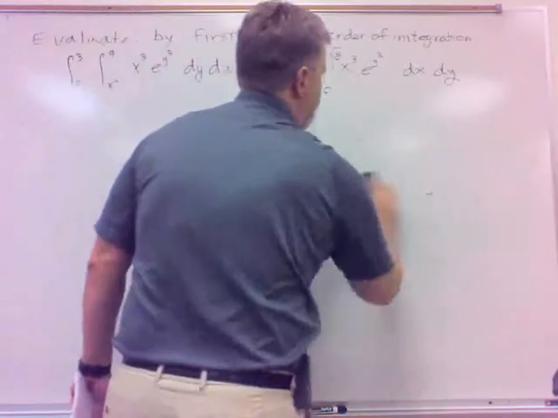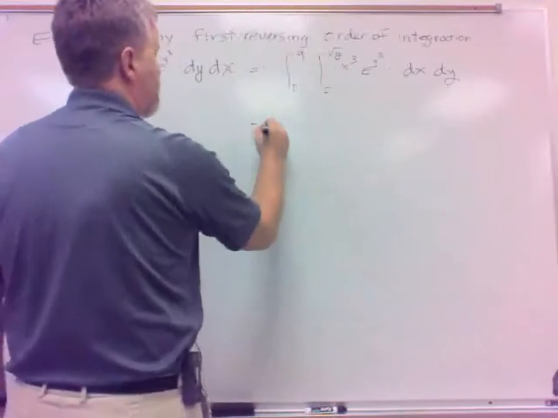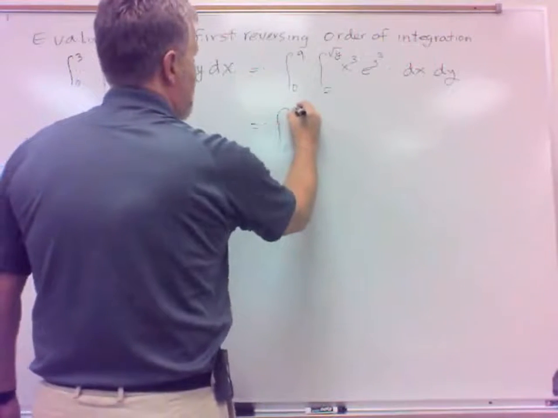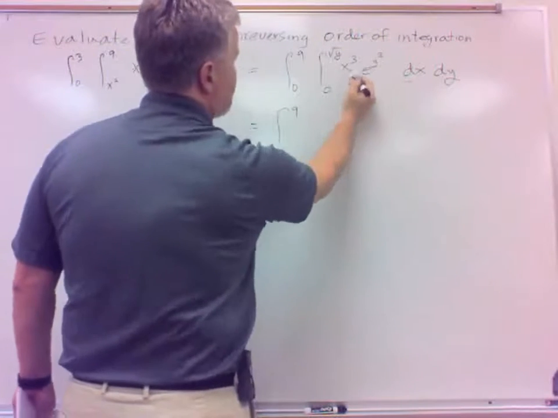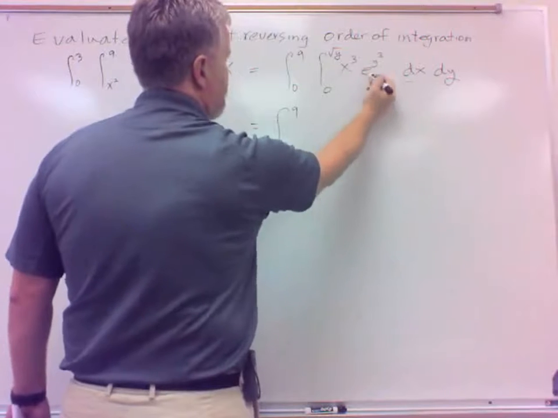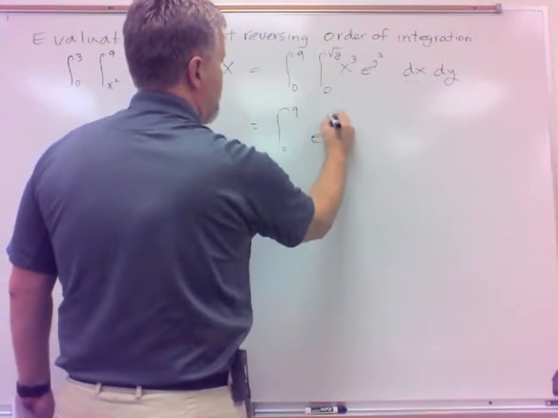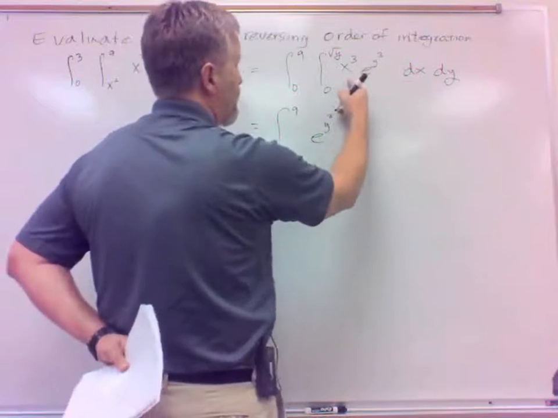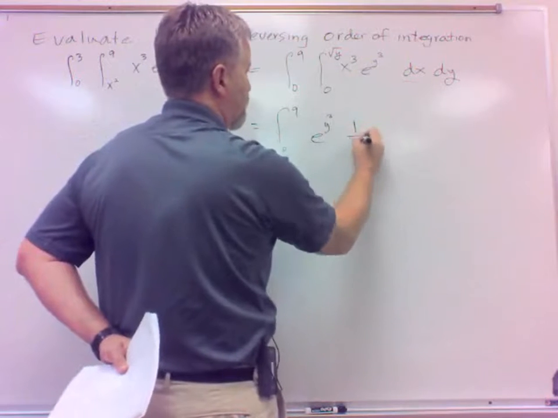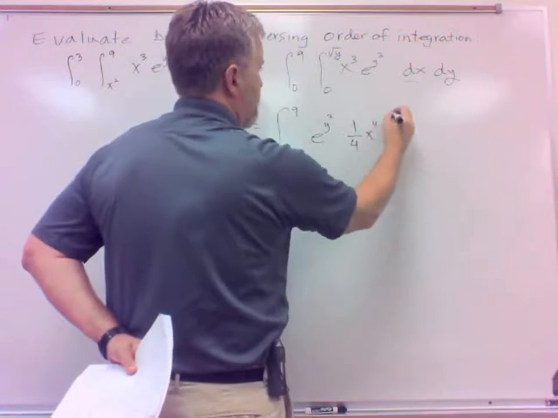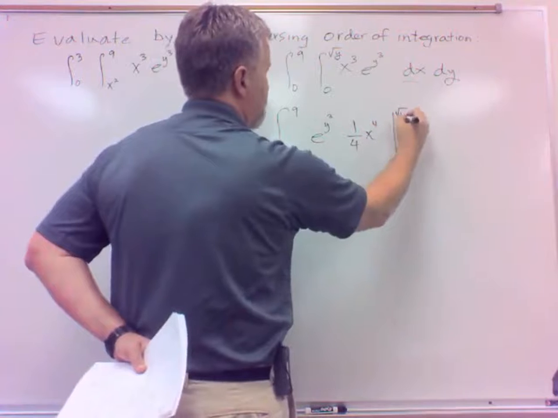All right, so let's see. Now I think I can do that because I'm integrating with respect to x first, and so that's just x cubed. The other factor is constant, so let's write it out front here. The antiderivative there would be 1/4 x to the 4th, run from 0 to the square root of y.